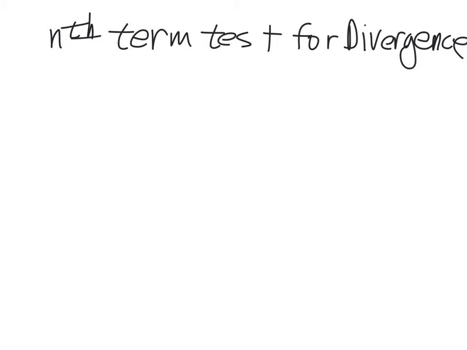And this test really didn't show whether it either diverged or converged. All we could say is from the test it diverges, or we can't use this test. So the nth term test, you remember what it was?